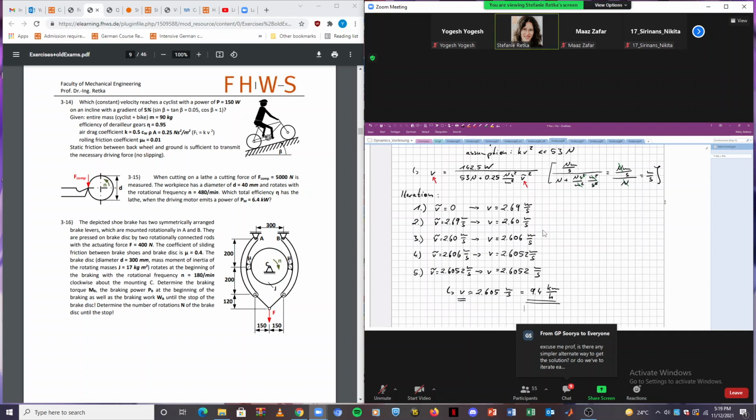It depends on the situation, yes. But then if it changes, then there should be information about it, okay? But in this case, it's only one situation, a given incline, a given power, given friction coefficient, etc.